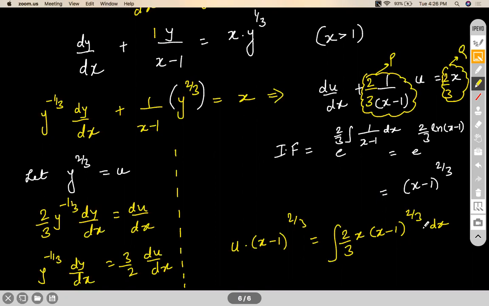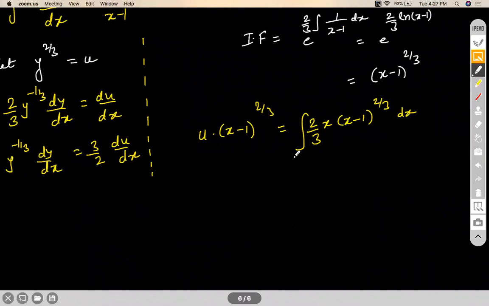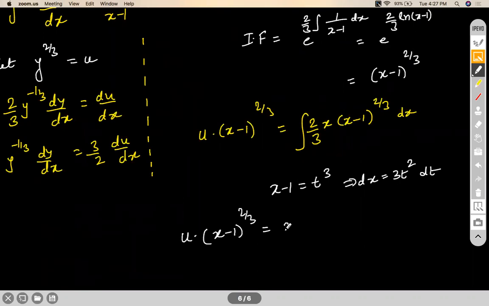Right? How do you integrate this? Not a difficult thing to do. Take your x minus 1 as, let's say, t cube. So your dx will become 3t square dt. So let us fix it over here. The left hand side, it is as it was. x would become t cube plus 1.